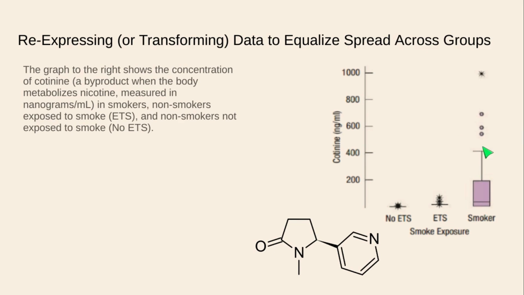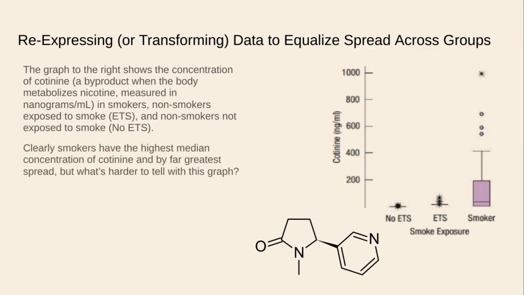And we have the smokers right here who seem to have reasonably understandable data with a few outliers. And then we have these, I guess they're box and whisker plots, but they're just whiskers and outliers. What's the deal?